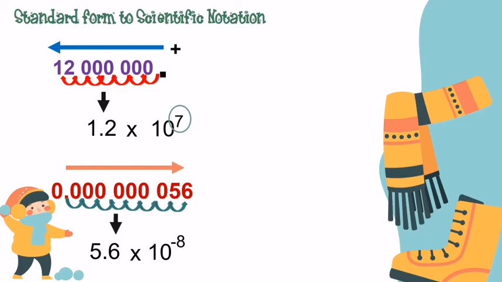While if you move your decimal point in what direction? To the right. If it moves to the right, meaning your exponent will become negative. That is why your exponent here becomes negative 8. So I hope it is now clear for you.